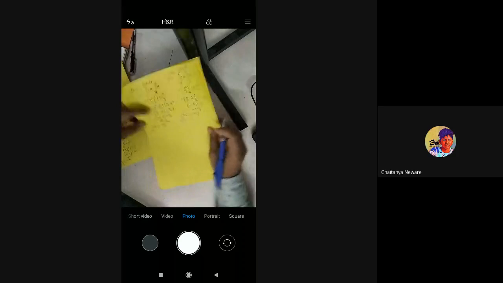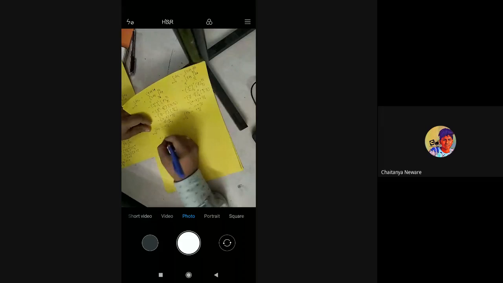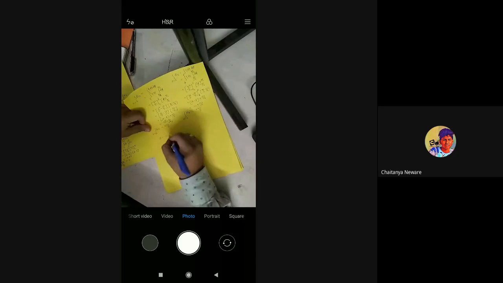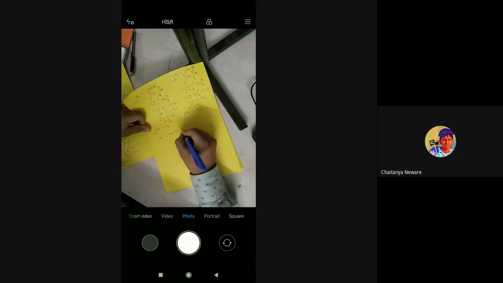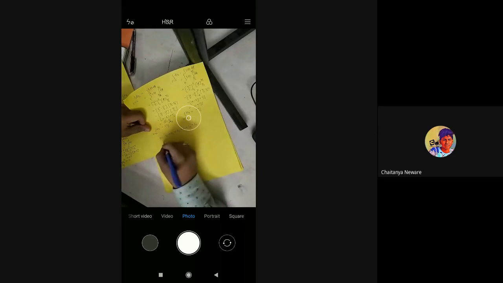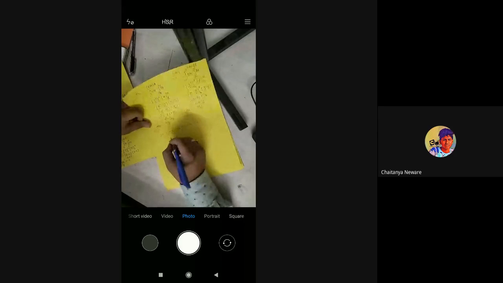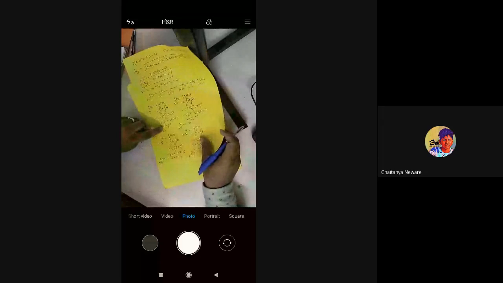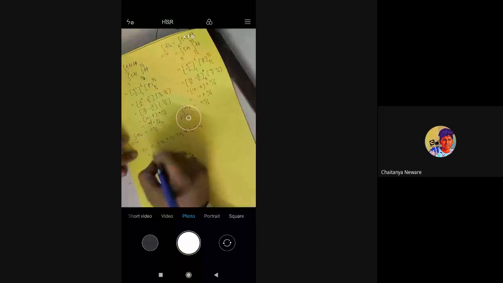Now we have to add this. So S is equal to S1 plus S2 plus S3 plus S4 plus S5 plus S6. So S1 is 2 pi.